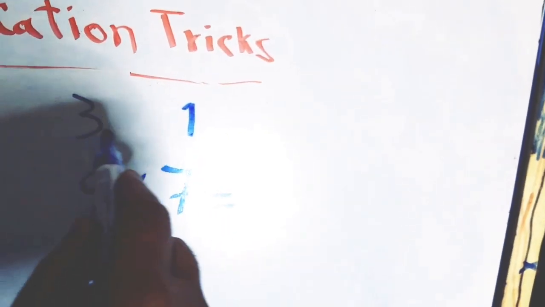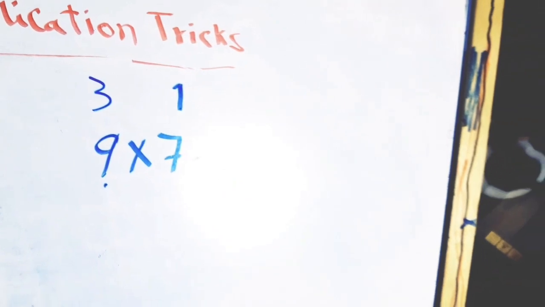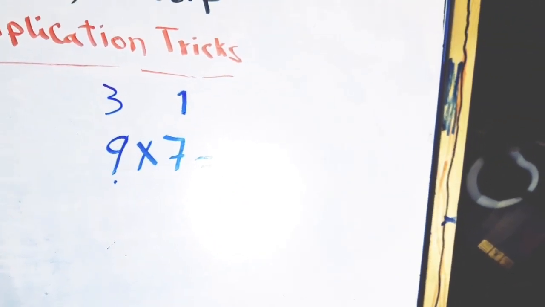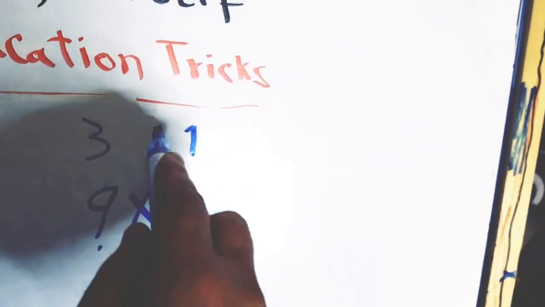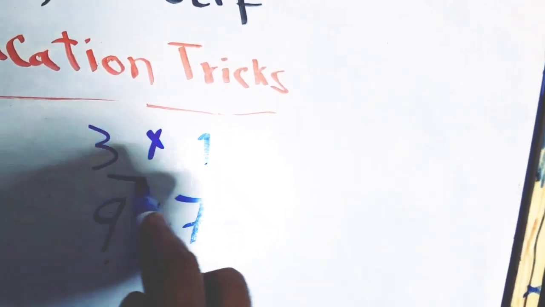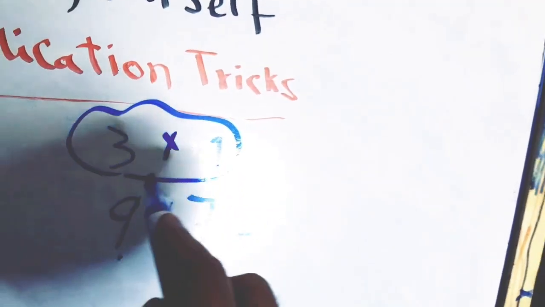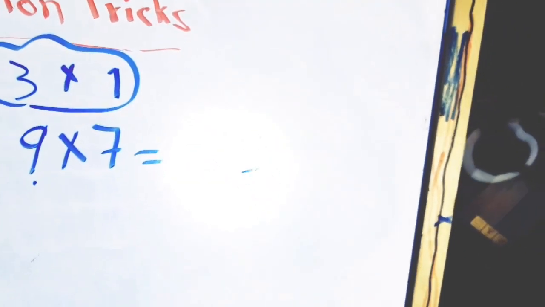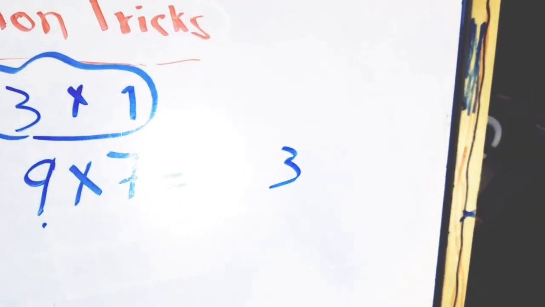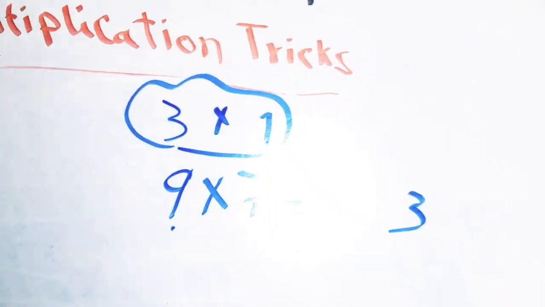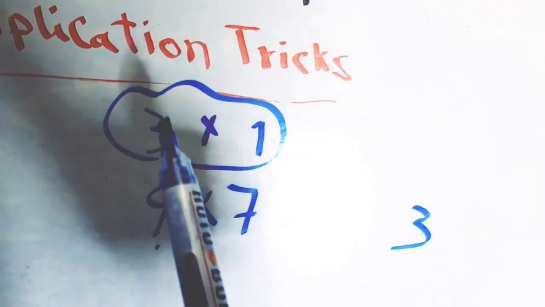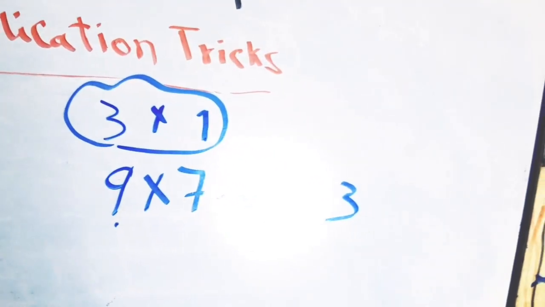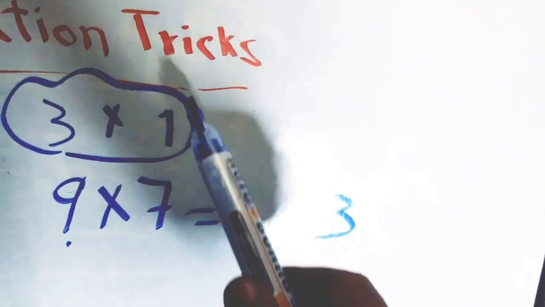We write 3 here. We have two raised digits. We multiply the raised digits. 3 times 1 equals 3. We write 3 at the units place. Then we do subtraction. We subtract 3 from 9, or subtract 1 from 7.